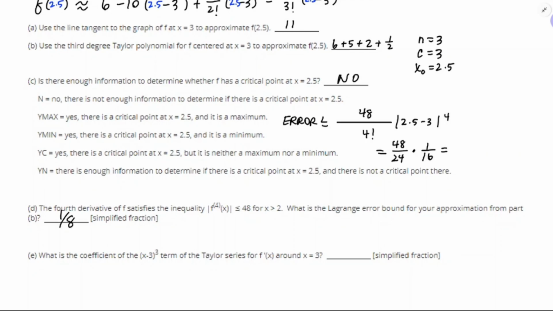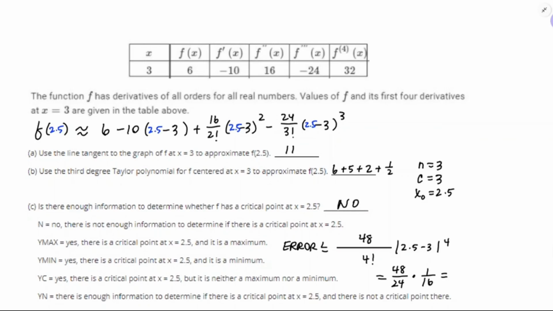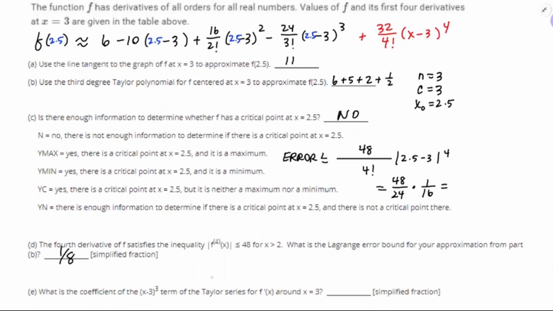And then what is the coefficient of the x minus 3 to the third power term of the Taylor series for f prime? Well, let's add in a kind of ghost term over here. The next one would be 32 over 4 factorial times x minus 3 to the 4. If we took the derivative of that, we would have 4 times 32 divided by 4 factorial times this thing to the third.